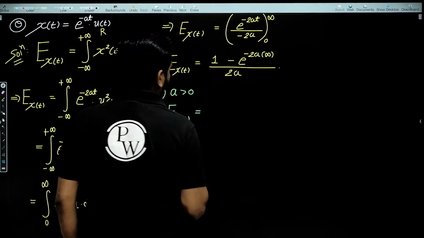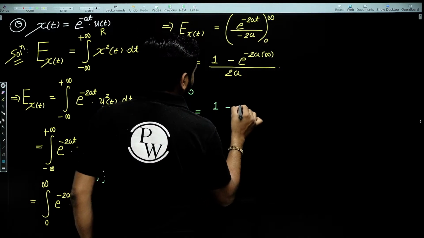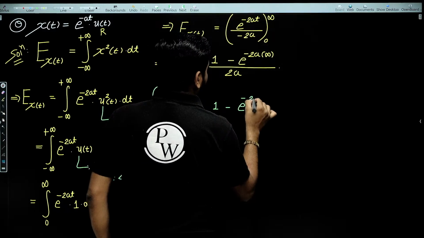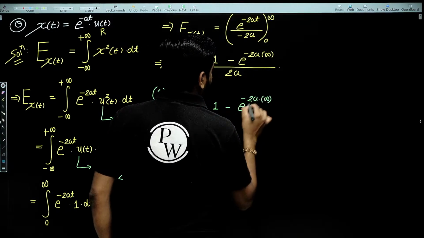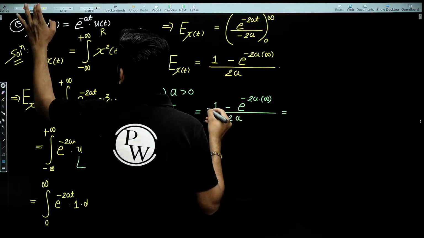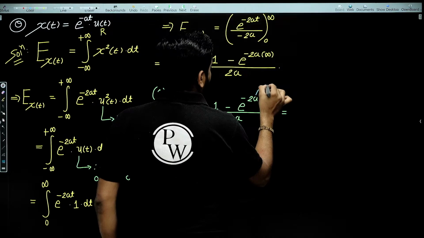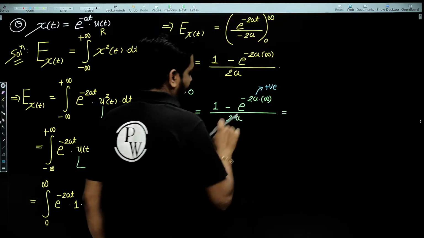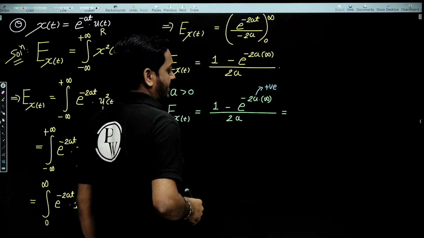For the positive value of a, will it be an increasing function or a decreasing function? Tell me in the comment box. So you can see here a is positive. If a is positive, then this power will be minus infinite.